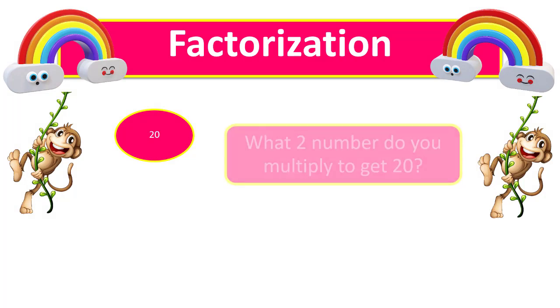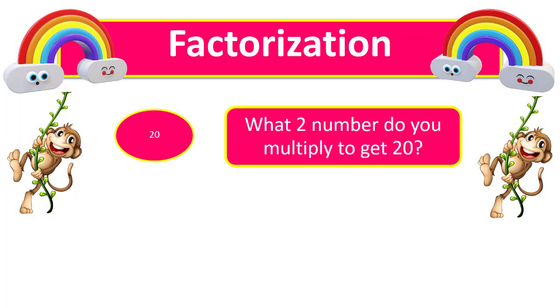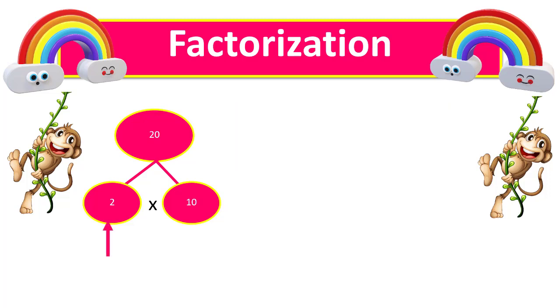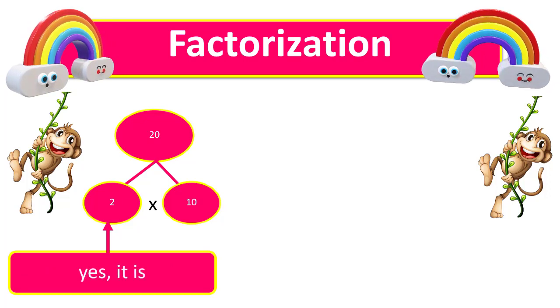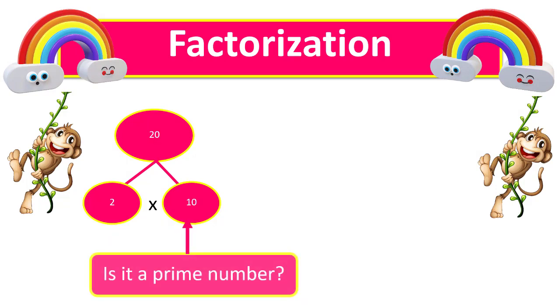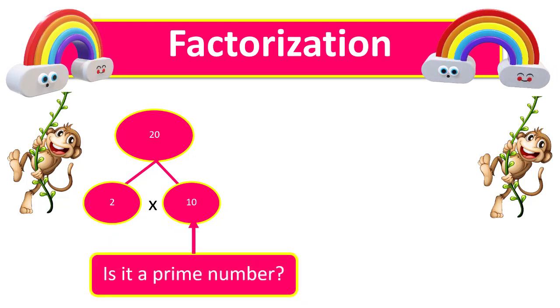12. What two number do you multiply to get 12? Yes, it's 2 times 10, right? 2 times 10. So, is it a prime number? Look at number 2. Yes, it is. So now look at number 10. Is it a prime number?